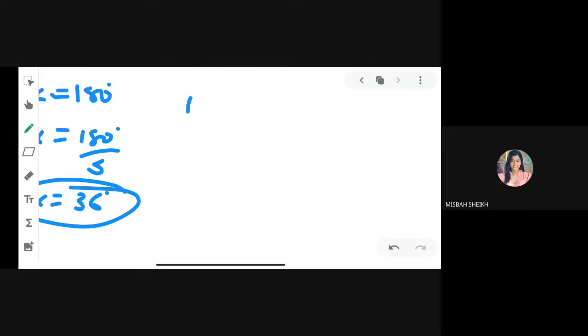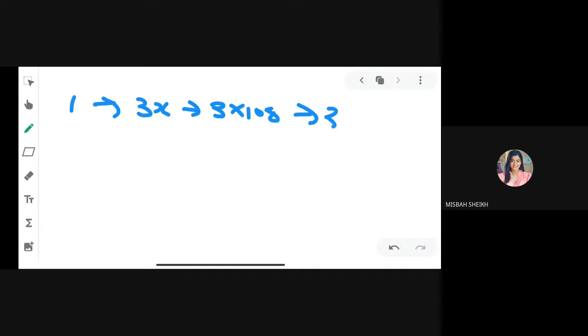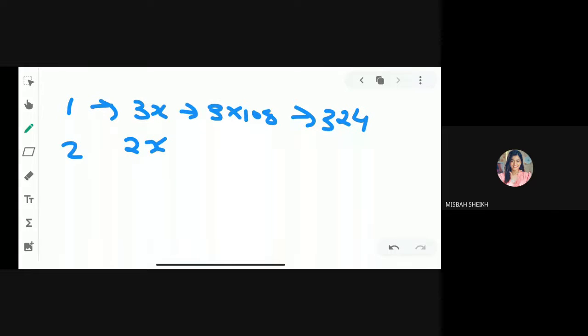So the first angle is 3x. So it is 3 into 36, which is 108 degrees. The second angle is 2x.